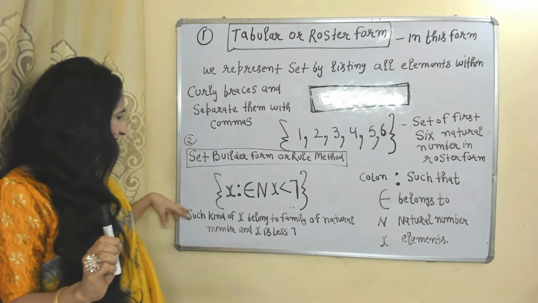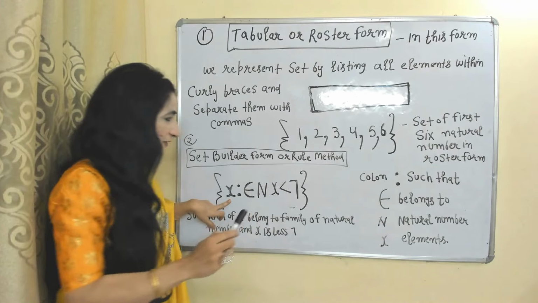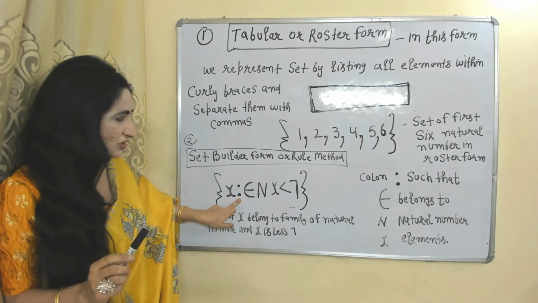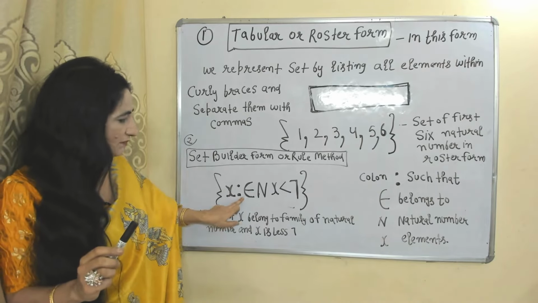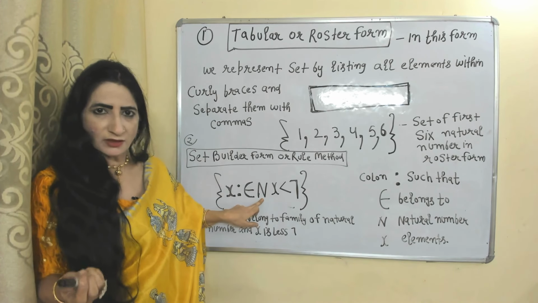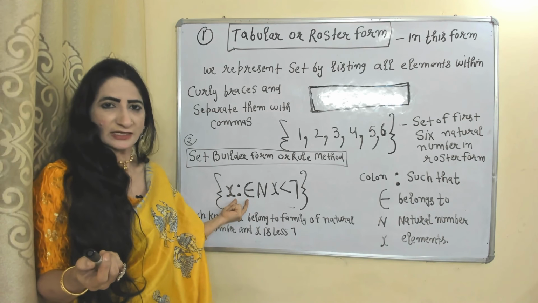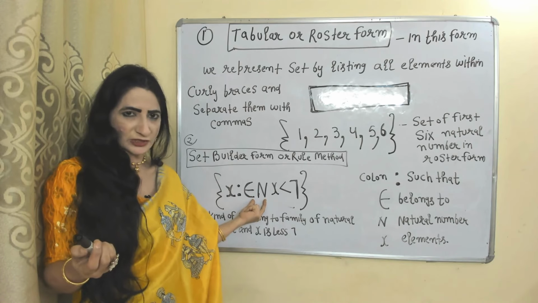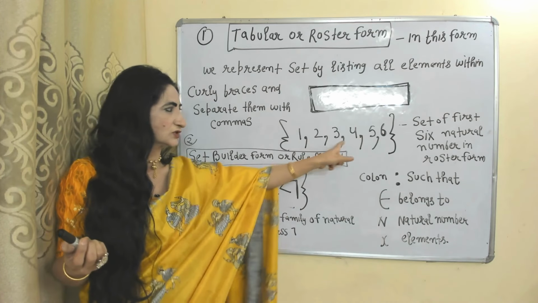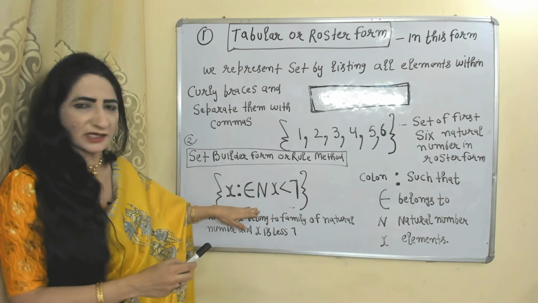So such x means all these elements belong to the family of natural numbers, plus x is less than 7. Here you can see all elements are less than 7, so it is called set builder form.